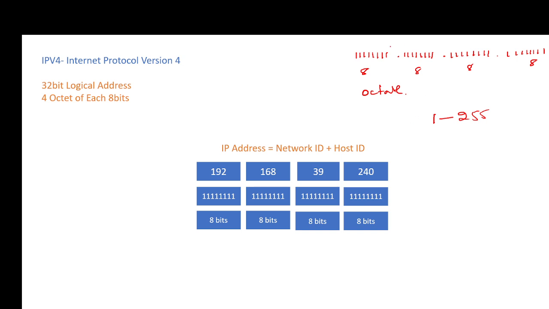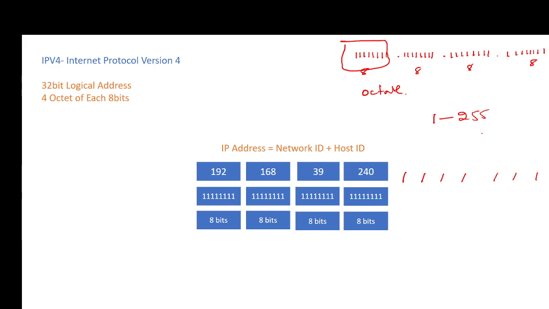I will take just this one octet and explain how I can derive 255. Imagine you have one octet here, with 8 bits.